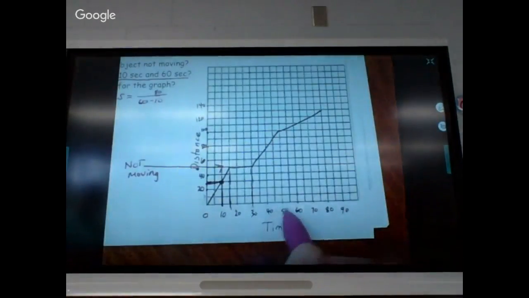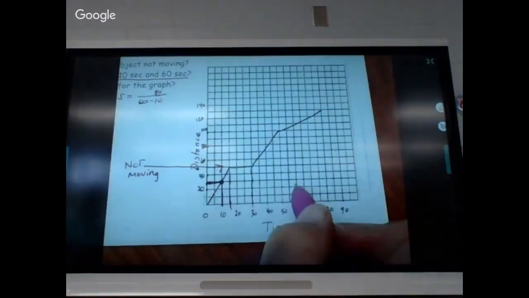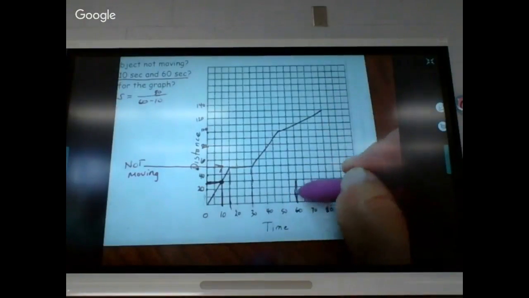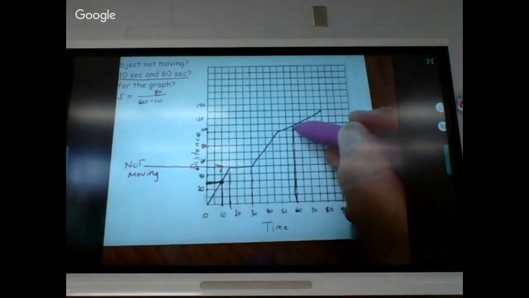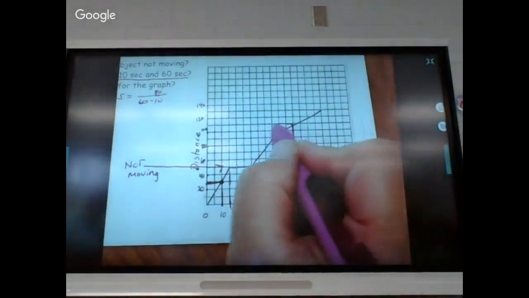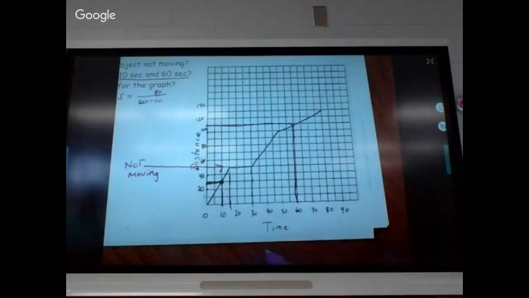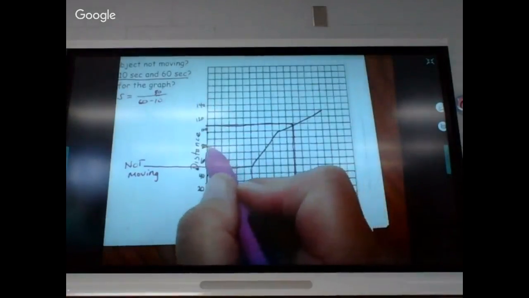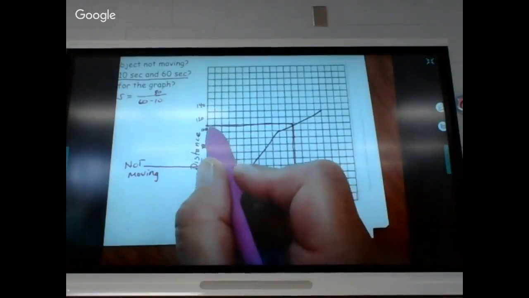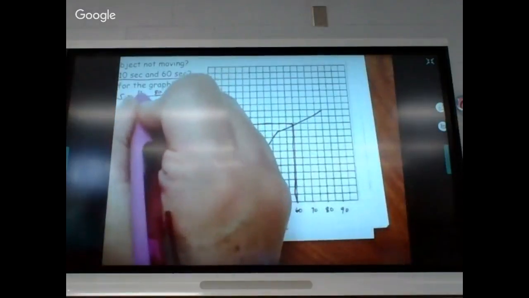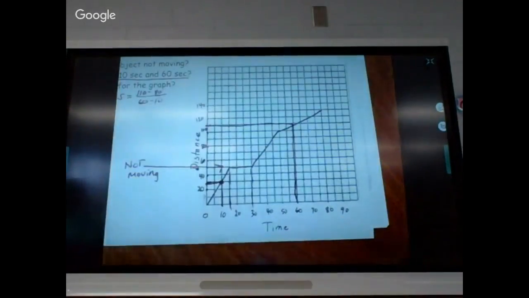All right, so 60 gives me right there. 110. That's 80, 90, 100, 110. So 110. All right, so 110 minus 30 is?